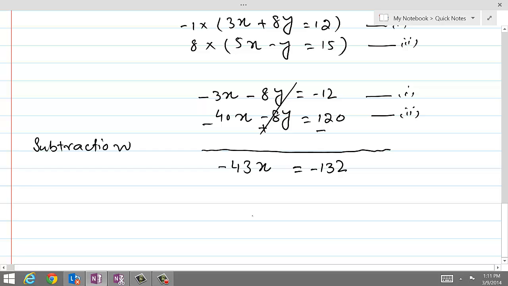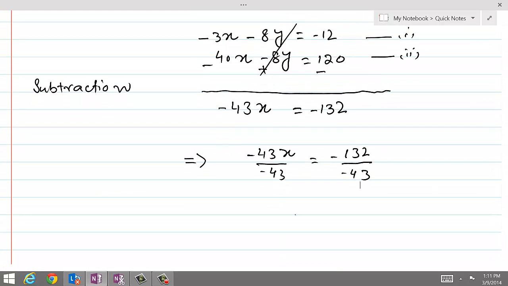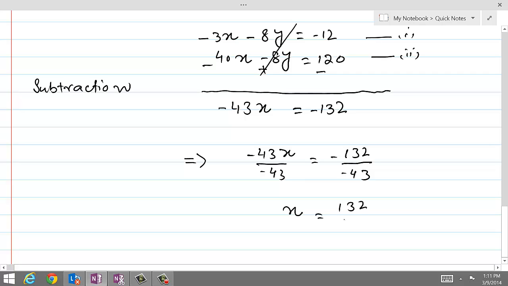And if we divide both sides by minus 43, from this what we get is minus 43x divided by minus 43 to isolate x, equal to minus 132 divided by minus 43. This will give us the value of our x, and that is 132 over 43.